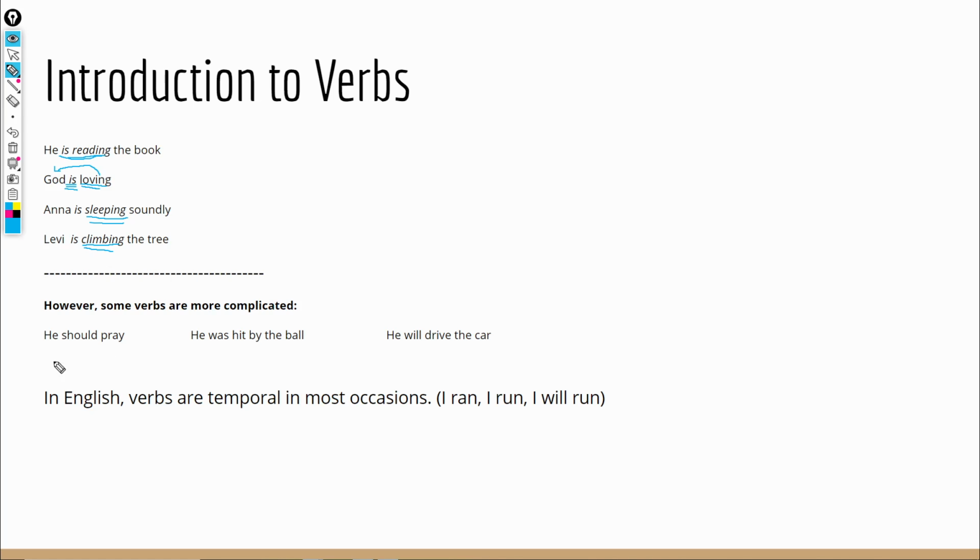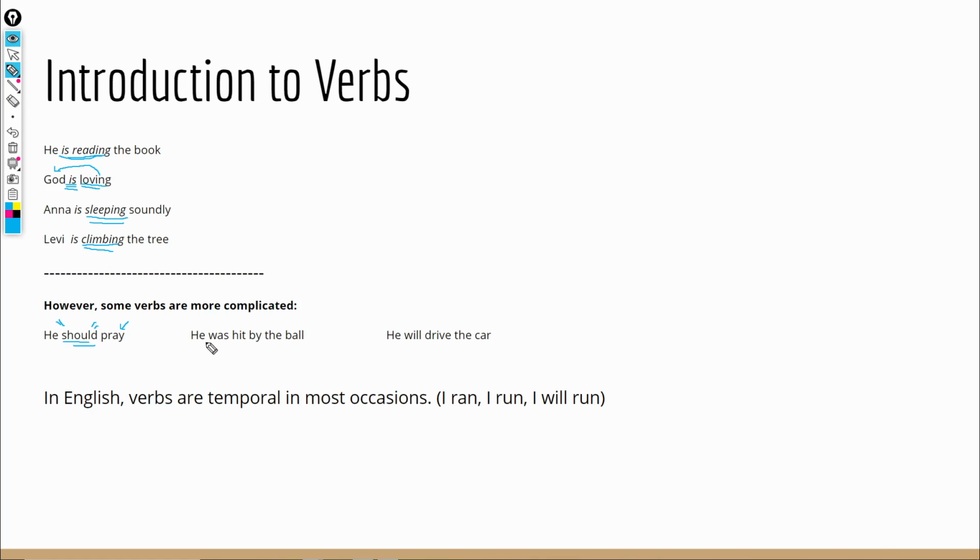This isn't saying he is praying, which would give you a picture of someone who is currently in prayer. This is very different. By adding this word should, it gives a different flavor to the sentence, like you're saying that you ought to do this. This is something he should be doing. And so pray is our verb, but just adding that word should changes the meaning of the sentence. And that's very important for verbs.